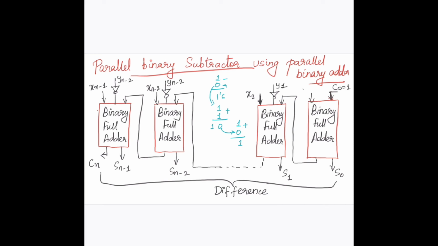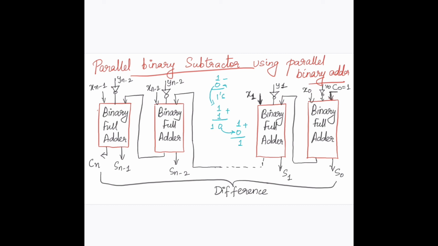So this will be equal to x0, and again y0 should be passed through a NOT gate, and this is equivalent to x1. This way the subtrahend is complemented by passing it through a NOT gate, and to perform the 2's complement, that is, 1's complement plus 1, that plus 1 is given by setting the carry equal to 1.